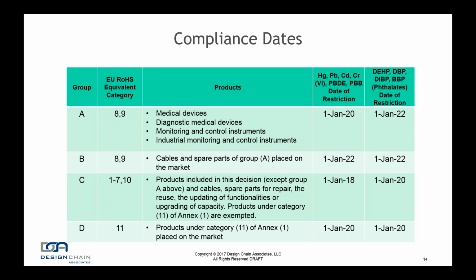You've got about 5 months to get ready for this. 4 months even. Well, 5. And the phthalates become restricted 2 years later in January 2020. Group D is category 11, which is everything else, and that all comes into scope in 2020.